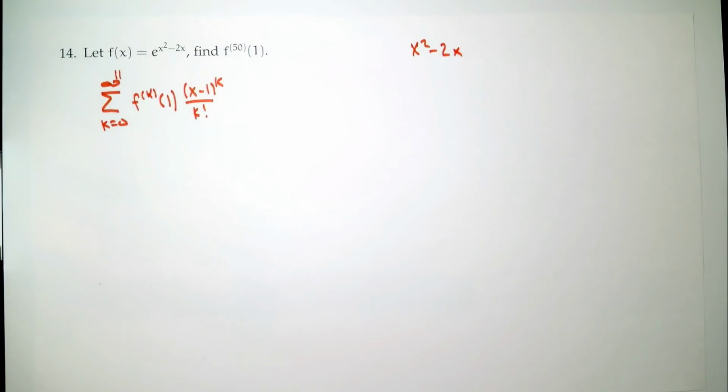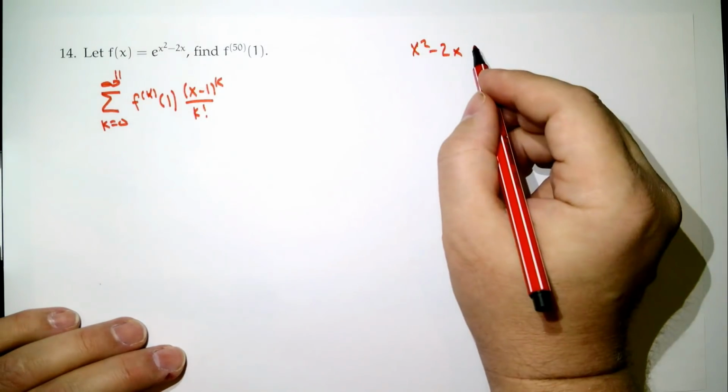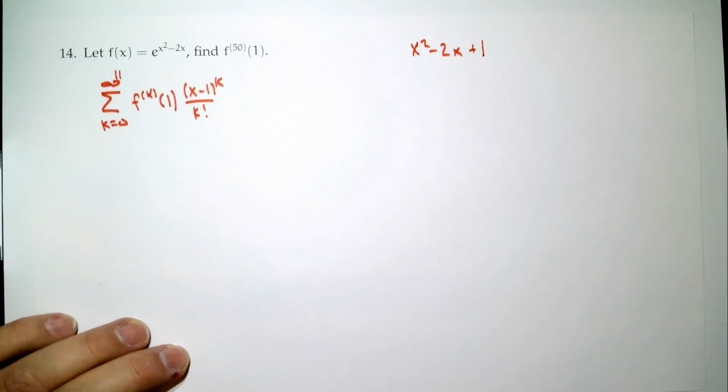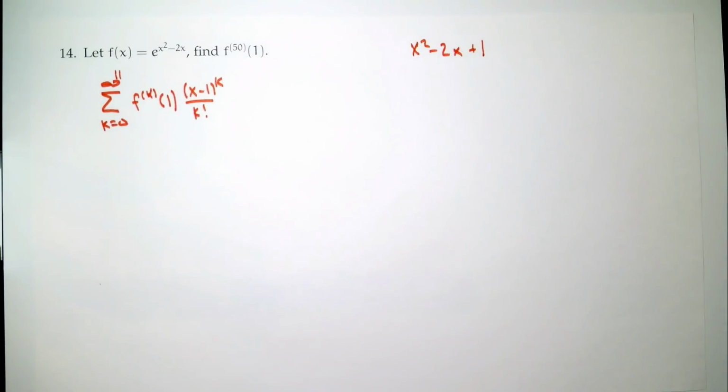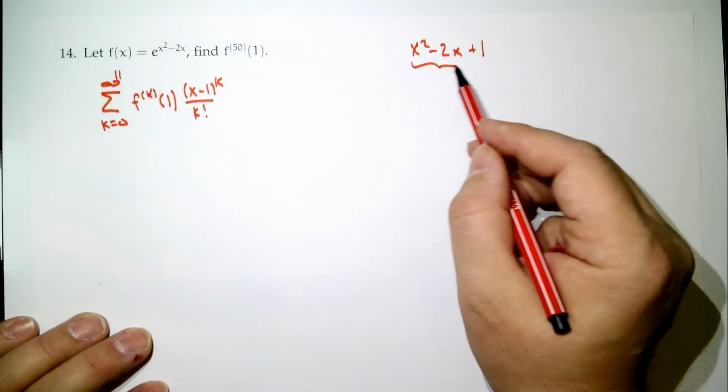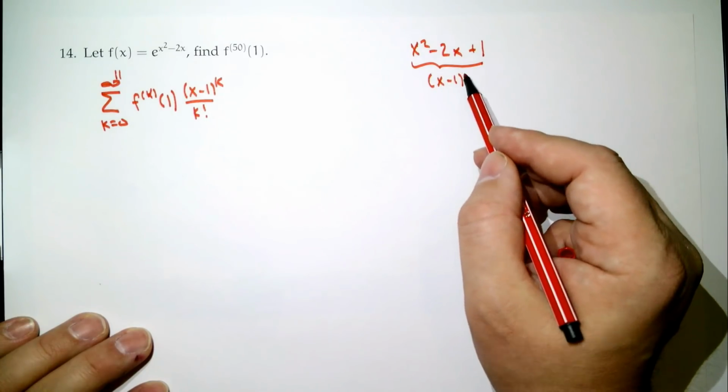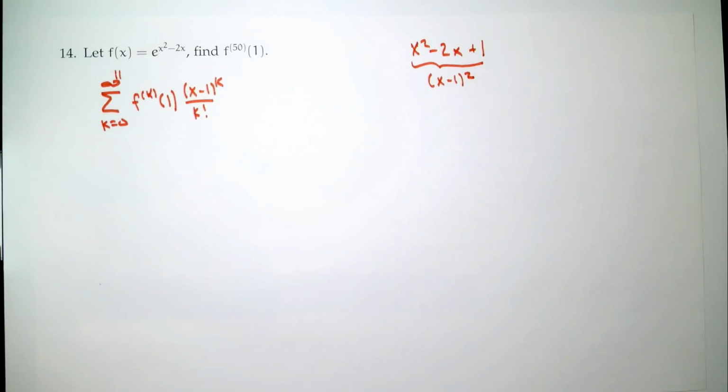So what would happen if I added 1 to it? What would you have? It's x minus 1 squared. But I can't just add 1. That's not fair. That seems like we're cheating. So if I'm going to add 1, what else do I need to do? Subtract 1.